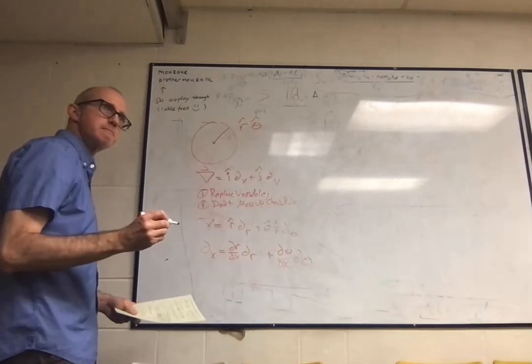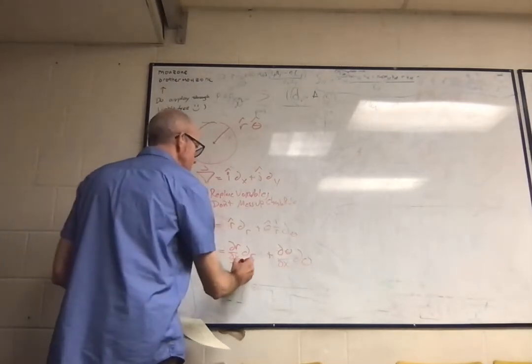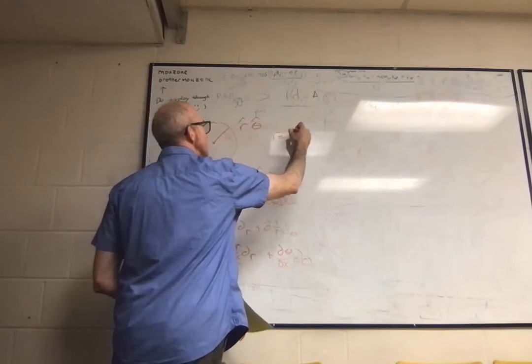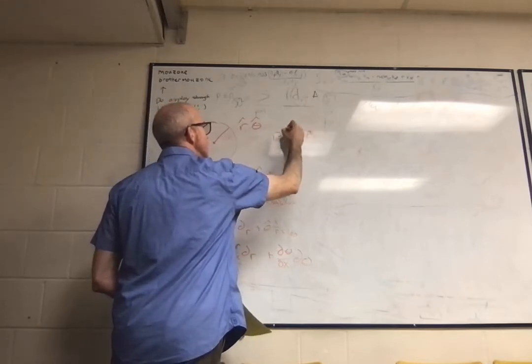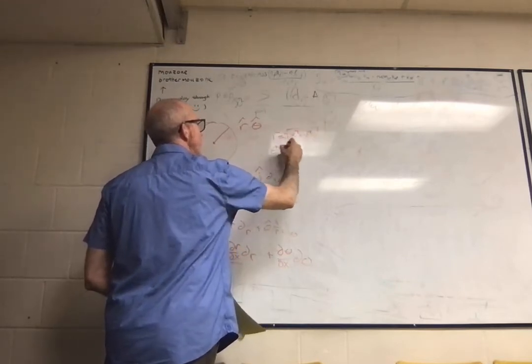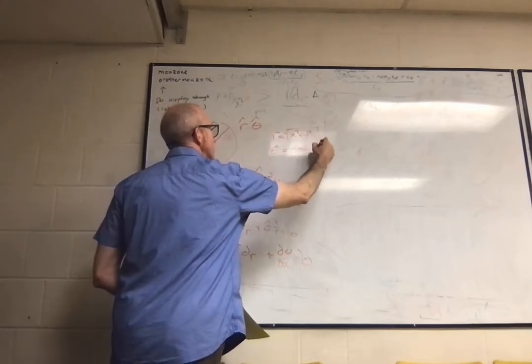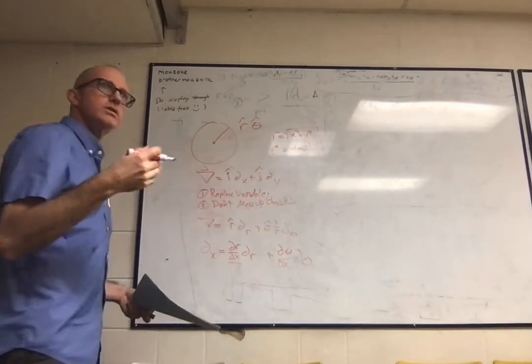Make sense? And dr/dx, you can sort out what that is. So how do we sort that out? So r equals the square root of x squared plus y squared. We'll ignore z for now. And theta equals the inverse tan of y over x. These are the coordinate transforms you can just look up.